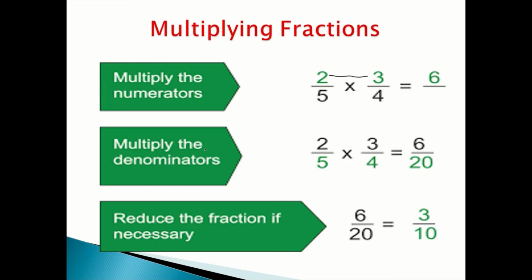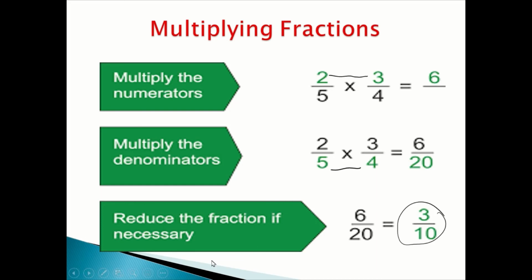Next is multiply the denominators. 5 times 4, that's 20. And after that, you get the answer 6 over 20. And take note that we reduce the fraction if necessary. So 6 over 20 is reducible, and the reduced or simplified answer is 3 over 10. So those are the 3 processes to consider for multiplying fractions.